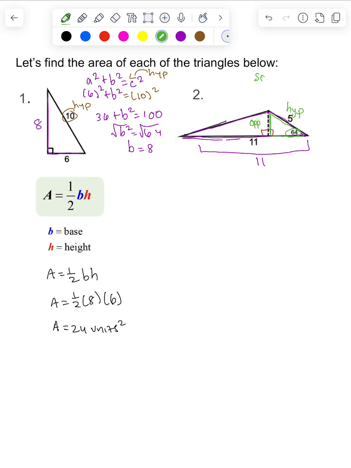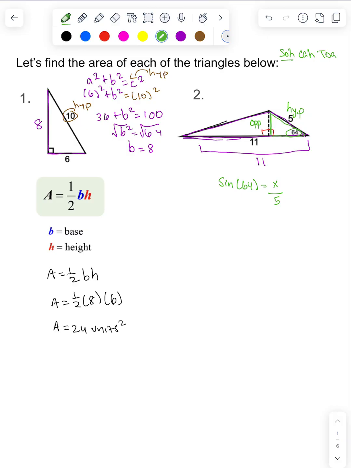So if I write down SOHCAHTOA, I'll see that sine is the choice that I need with opposite and hypotenuse. So sine of the 64-degree angle is equal to opposite, which I'll just refer to as x, over hypotenuse, which is 5. If we cross multiply, because we're solving for a side, we have 5 sine of 64 is equal to x.